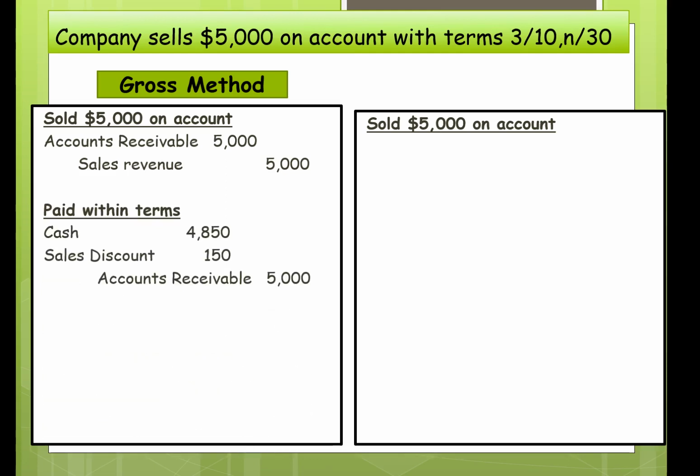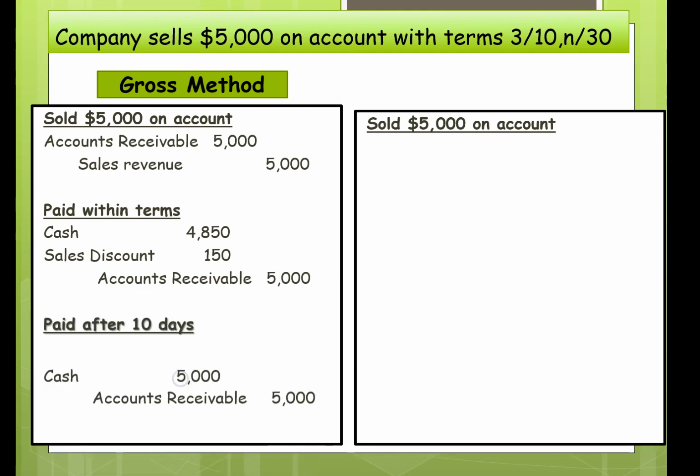Paid within terms, we would show the cash of $4,850, which is 97% of $5,000. I'm sorry, if we take $5,000 times 3%, we get $150. What if they had paid after the 10 days? Then you would record the whole amount of cash and the receivable at $5,000.